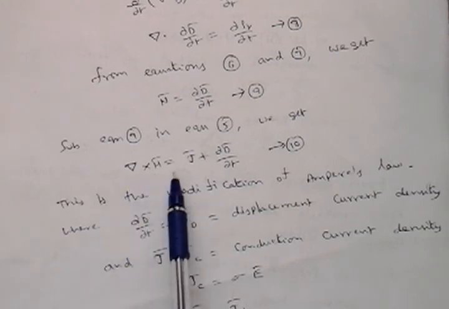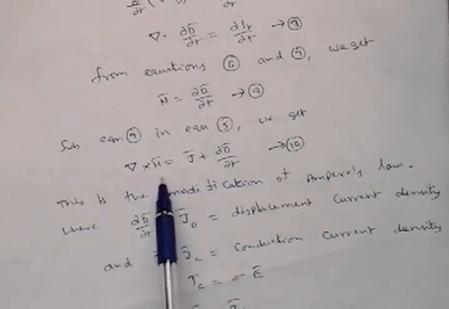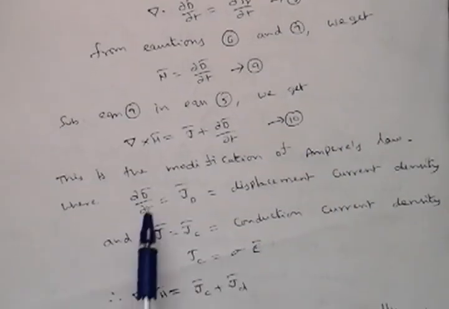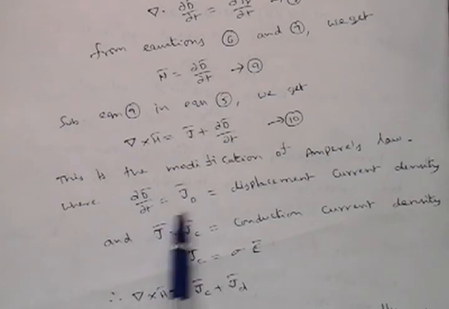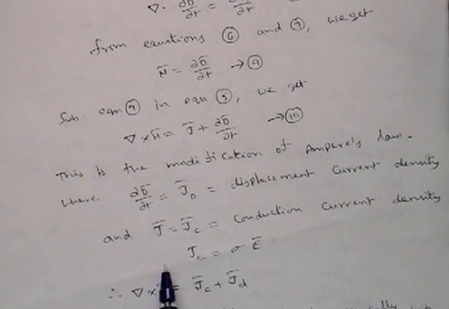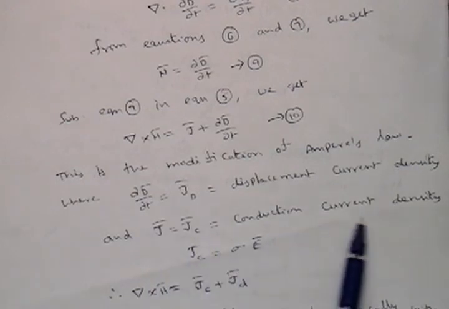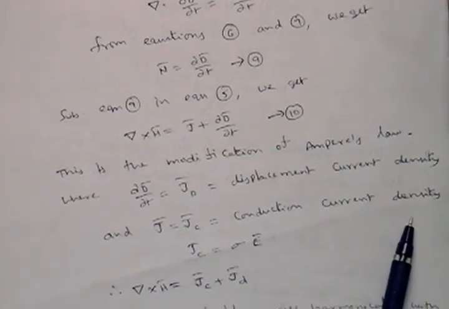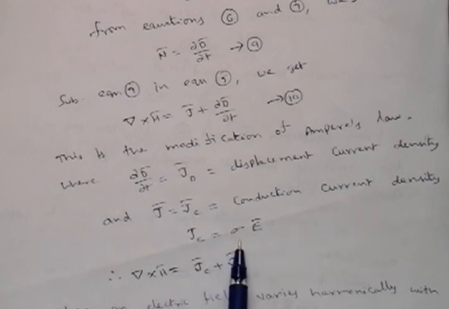The first equation was del cross H bar is equal to J bar only. Now the modified equation is del cross H bar is equal to J bar plus dou D bar by dou T. This is the modification of Ampere's law which suits time varying fields also. Dou D bar by dou T is equal to Jd, called the displacement current density, and J is equal to Jc, called the conduction current density, where Jc is equal to sigma E bar.